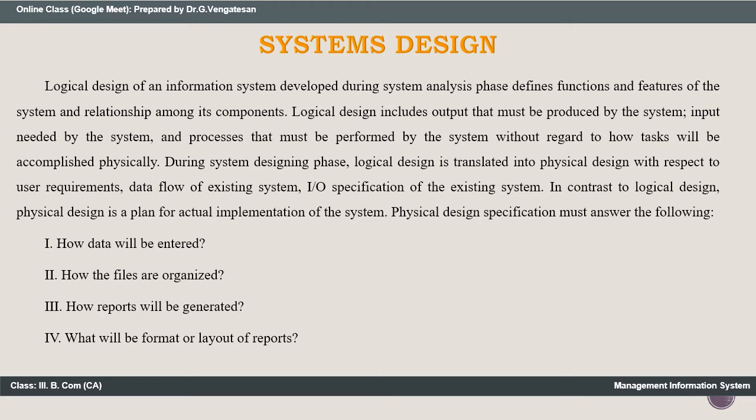A useful way to look at a system design is that the concept will focus on three major products that deliver a good system. So, the system design consists of three activities. One, the user interface data, and the second one, processed data, and the third one, the process design.